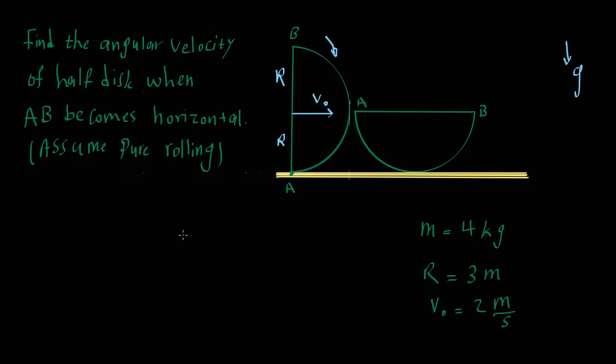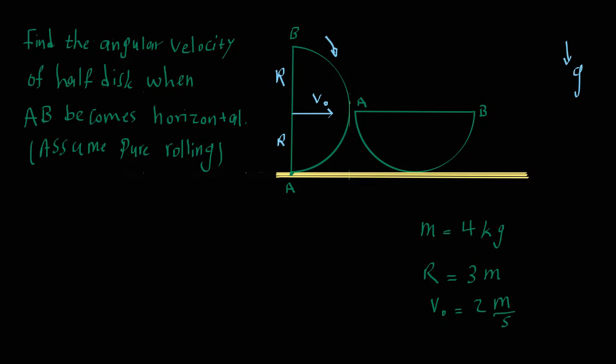It's not kinetic friction. Therefore there is no energy dissipation in the system, and we can use the conservation of energy, or the work-energy principle in general, and say that the work of non-conservative forces is equal to 0.